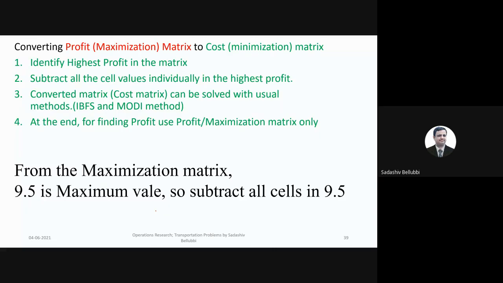Next, you will get the converted matrix, that is a cost matrix, which can be solved with the usual methods, IBFS and the MODI method. At the end, for finding the profit, use the profit or maximization matrix only. This is compulsory.